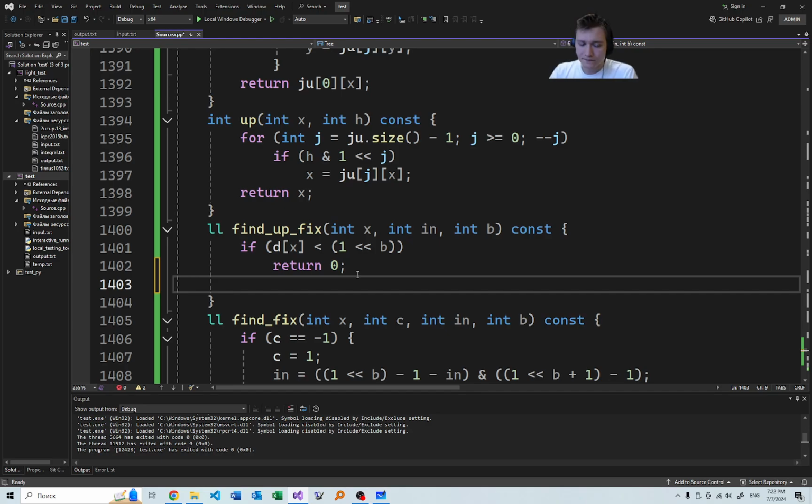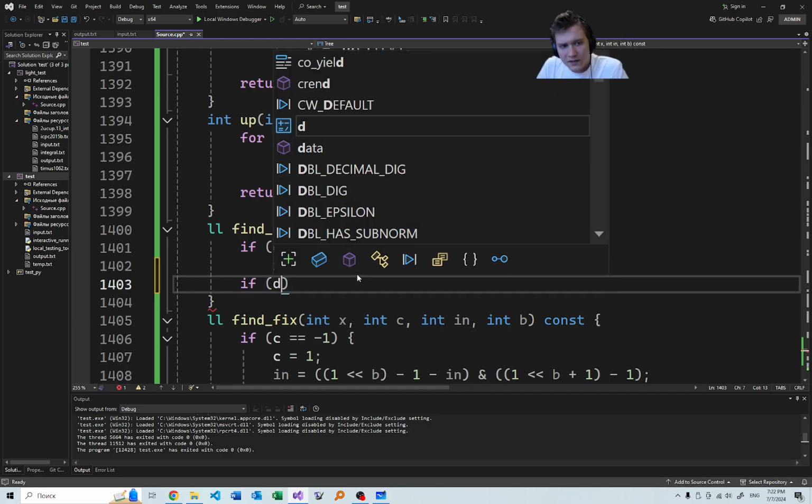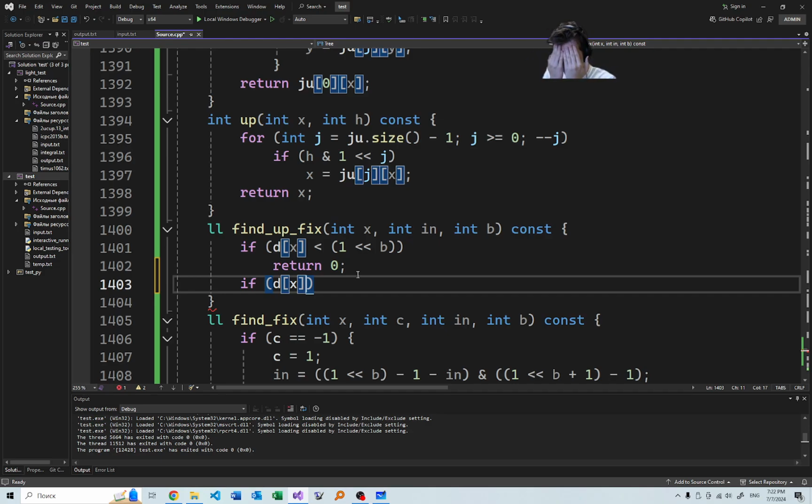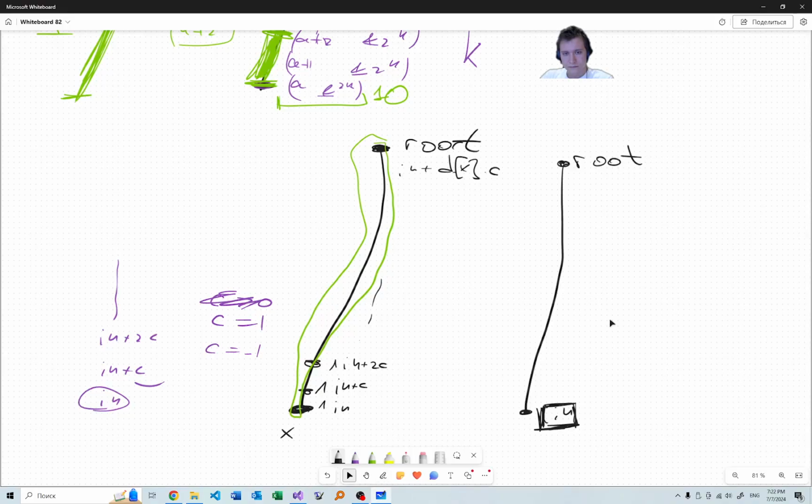Okay, otherwise, if dx... oh my god, it's so hard. So its value, let's fix, for example, to simplify things, 16.